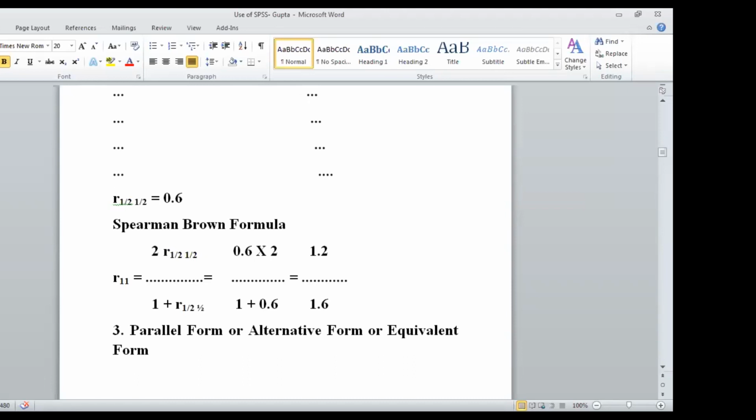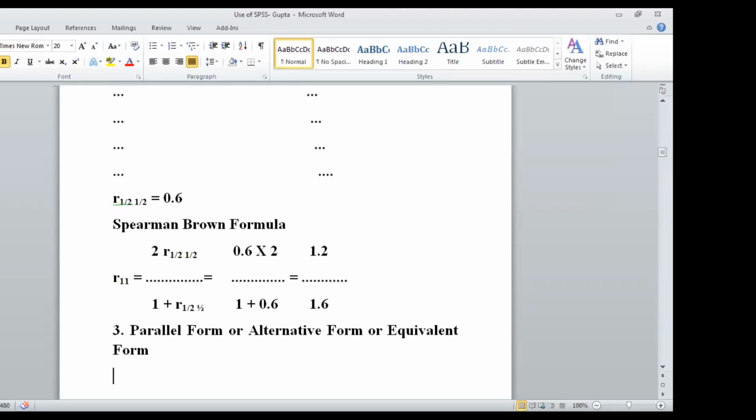And if it continues for many days together, the number of items must be the same. Each time a candidate is supposed to solve, say for example, 30 items, then each day the candidates will be solving 30 items. But the 30 items which the candidates got on the first day will not be there on the second day.